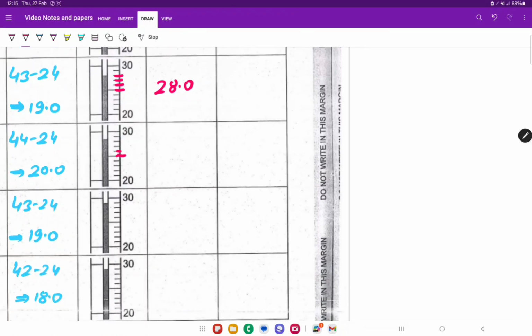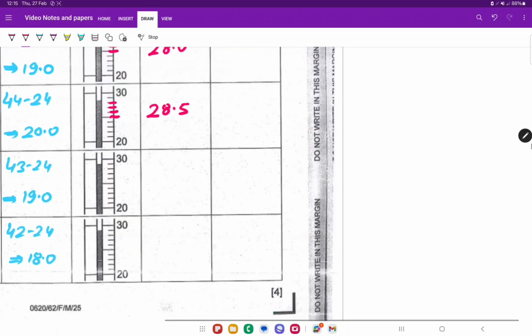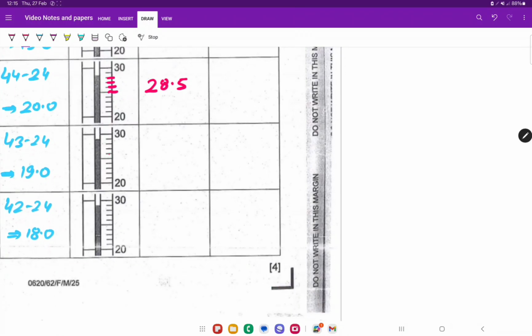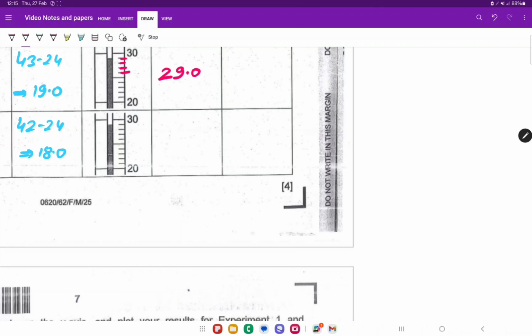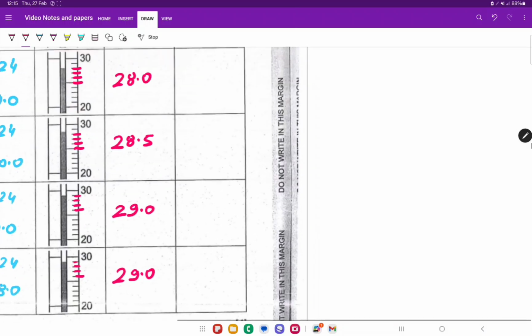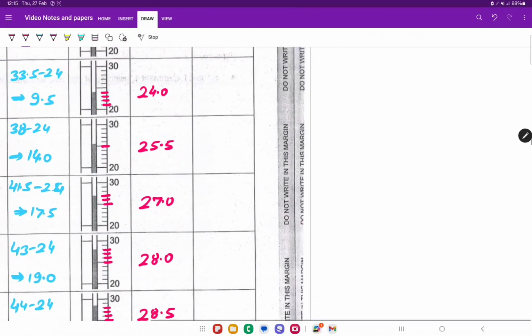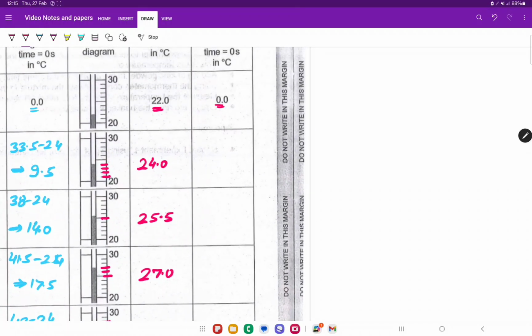Next, between 28 and 29, it means it is 28.5. Next is 29.0, and the next is again 29.0. So the readings are 24, 25.5, 27, 28, 28.5, 29.0 and 29.0.